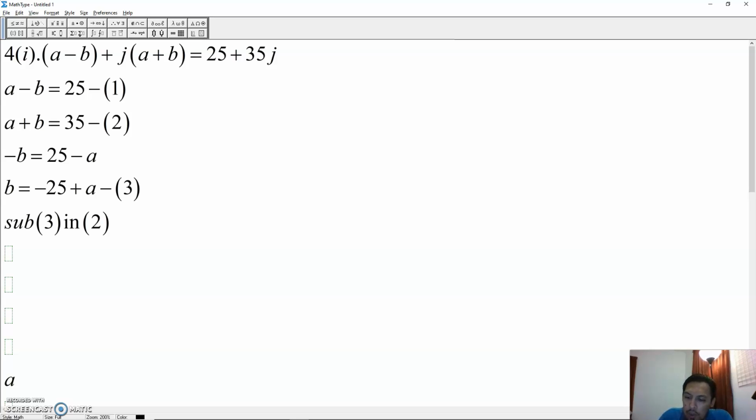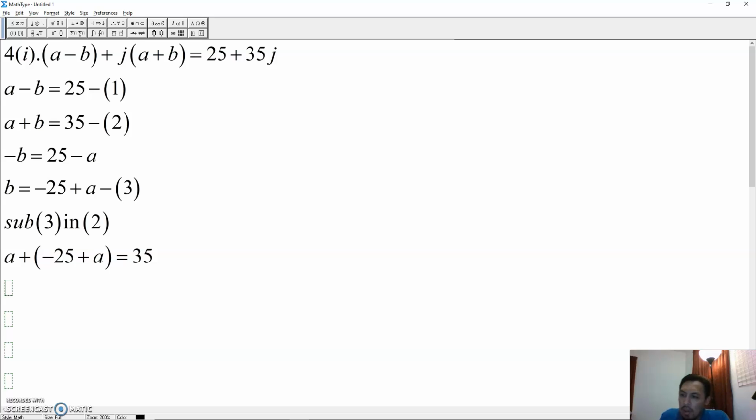So we have a plus b, which is equal to this, and this will be equal to 35.